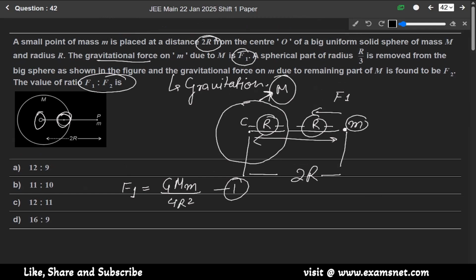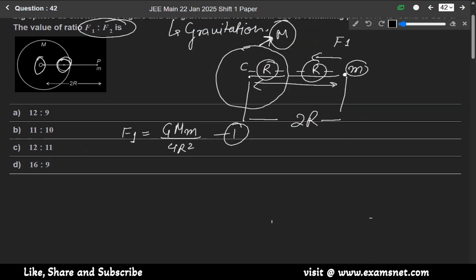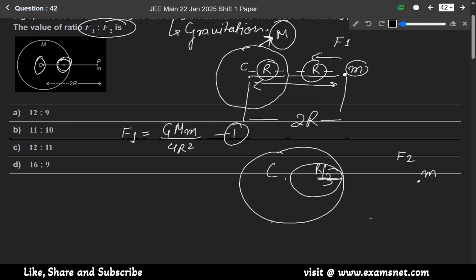Now, according to the question, a spherical part of radius r by 3 is removed from the big sphere. This is the big sphere, this is the center, and a sphere of radius r by 3 is removed from it. This is the point of mass m. We have to find this force F2.